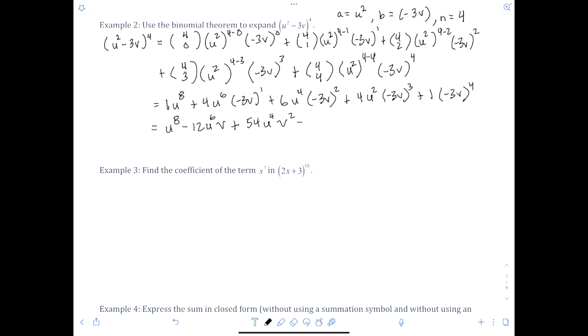Negative 3 cubed is negative 27. And negative 27 times 4 is negative 108. That's going to be u squared v cubed. And then we'll have plus 81 v to the 4th. And we're done.